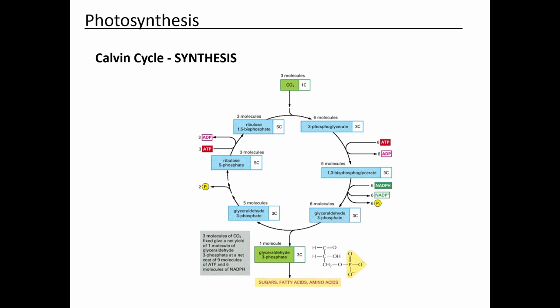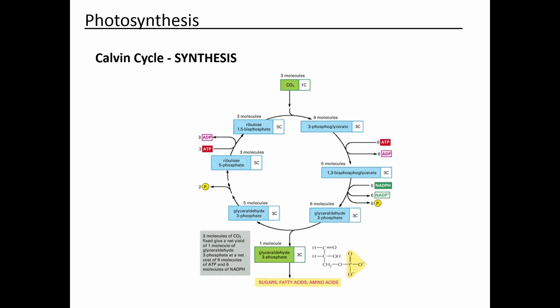Okay, and the 6-carbon molecule that you produce at this step is very unstable, and immediately it splits apart into 2 3-carbon molecules that we'll just call 3PG, which stands for 3-phosphoglycerate. 3-phosphoglycerate is a 3-carbon molecule.